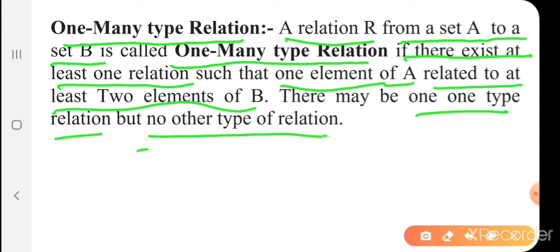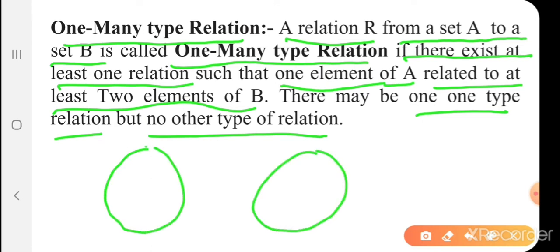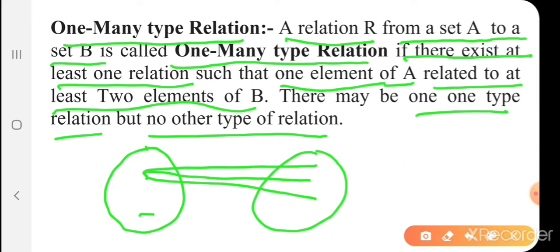You see, this is set A, this is set B. Now you take one element from this, and it is related with two or more elements. There may be the 1-1 type, but there must be one element related with three elements. So this is the 1-many type of relation.